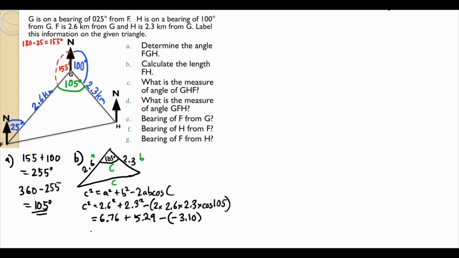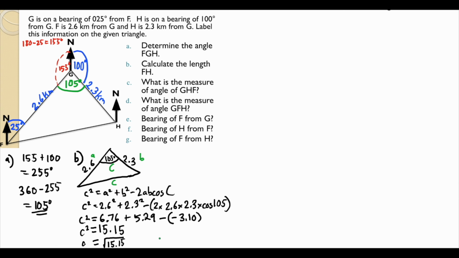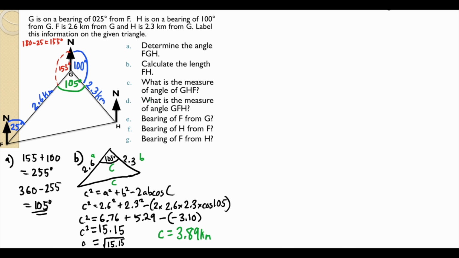So then when I work this out, notice how this here is 6.76 plus 5.29 minus negative 3.1, which gives us 15.15. So that means essentially C would be equal to the square root of 15.15, which is 3.89, or you'll get a number close to this. So this here is 3.89.